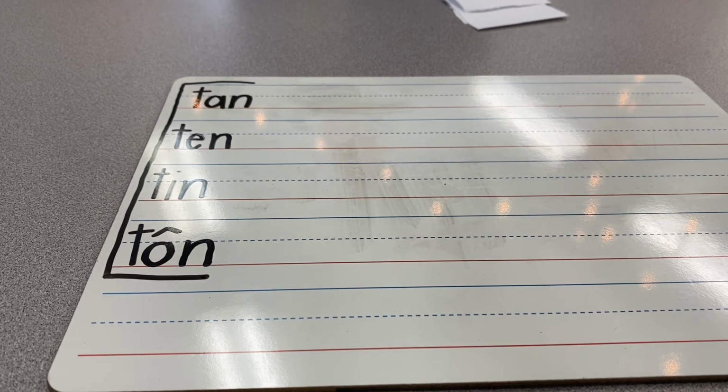"Oo." So it's "u" making its fourth sound. And what's the last sound? Oh, now here's where the fun happens. Are you ready for the spelling rule?